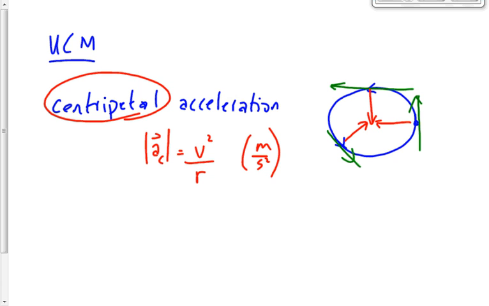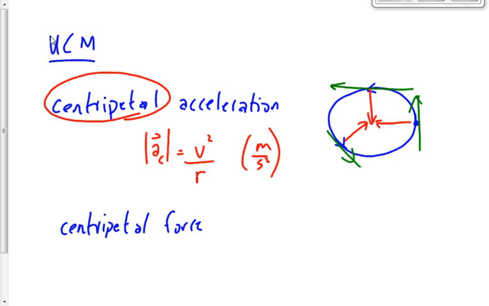Now, we also talked about a centripetal force yesterday, a force that acts toward the center of the circle. A center-seeking force. If we have an acceleration that points toward the center of the circle, then we must have a force that acts toward the center of the circle as well, because F is equal to m times a.